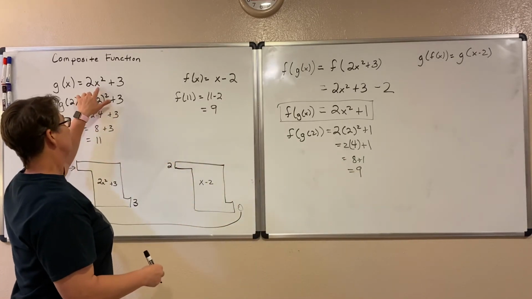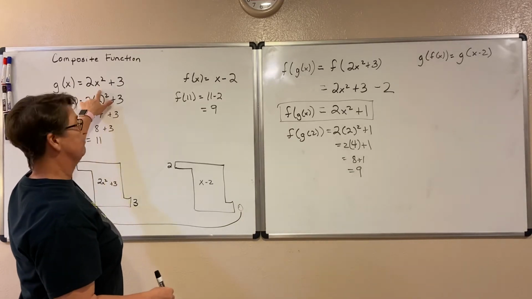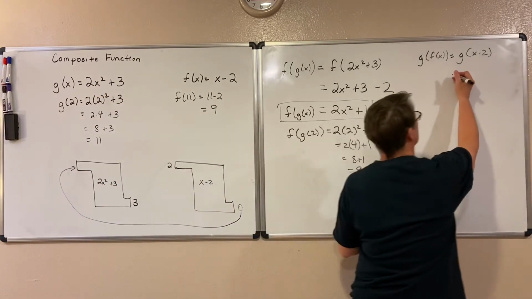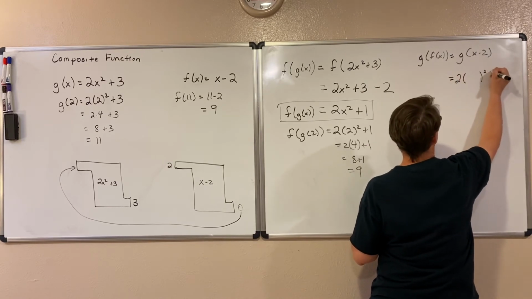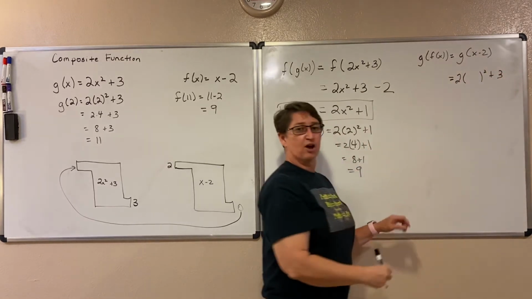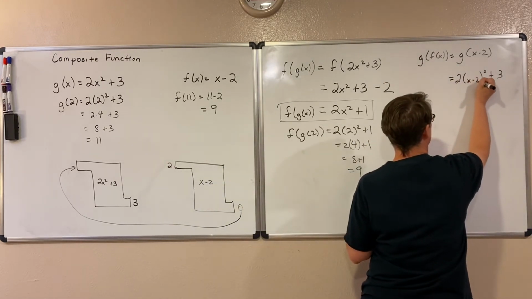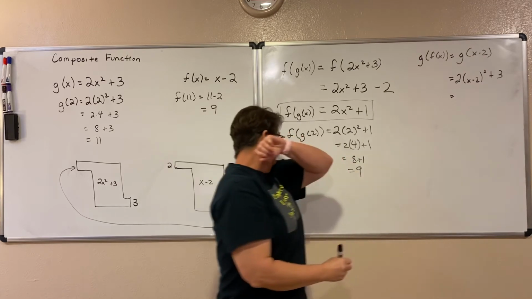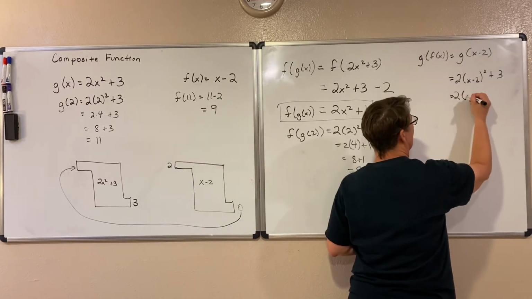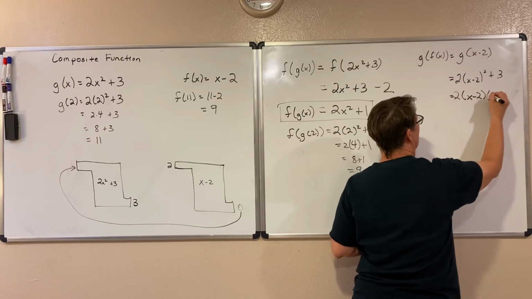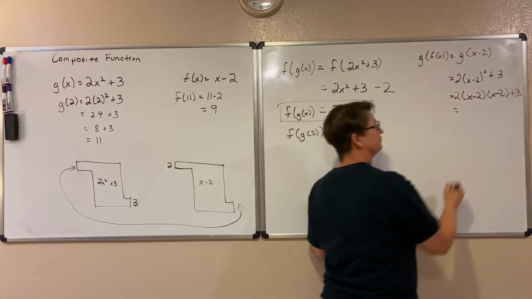I'm going to substitute it in everywhere I see an x here in my g function. So instead of writing the x, I'm just going to write x minus 2.